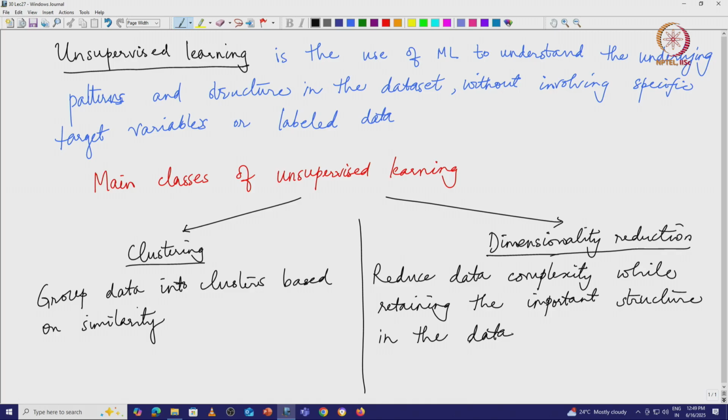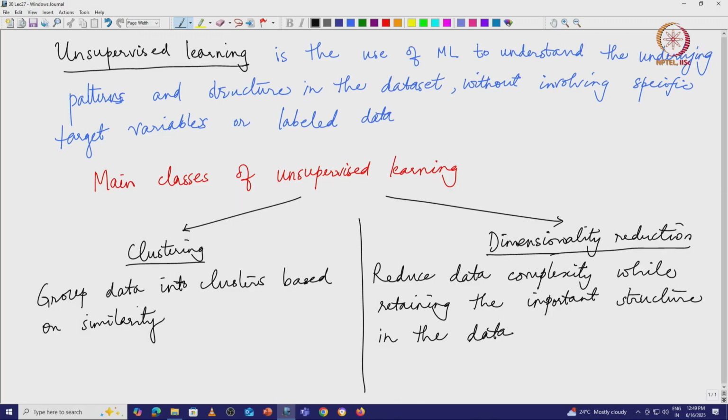So, these are the two types of algorithms that are mostly used, and some examples of clustering algorithm are k means or k medoid clustering. Then there is density based clustering, which is shortened to DBSCAN, and there are things like hierarchical clustering.